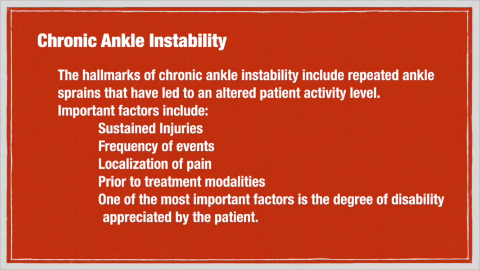Important factors include injuries sustained, frequency of events, localization of pain, and prior treatment modalities. The degree of disability appreciated by the patient is one of the most important factors and can be significant in both high and low demand individuals.